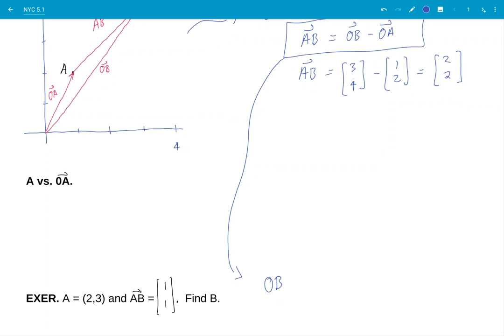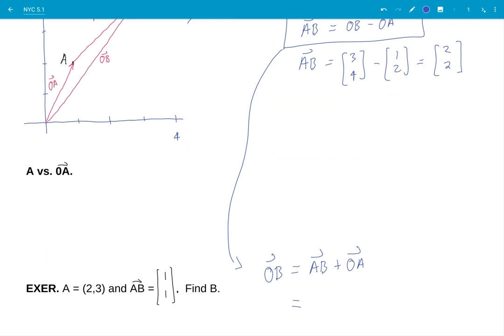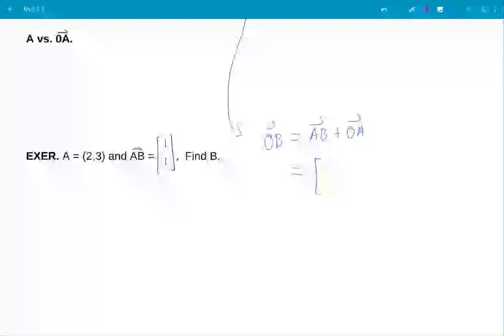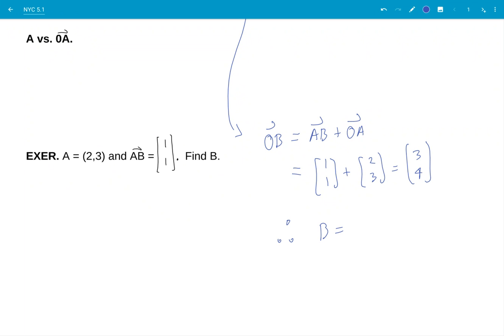What you want is 0B, right? 0B is AB plus 0A, which is 1, 1 plus 2, 3, which is 3, 4. Therefore, B is a point 3, 4.